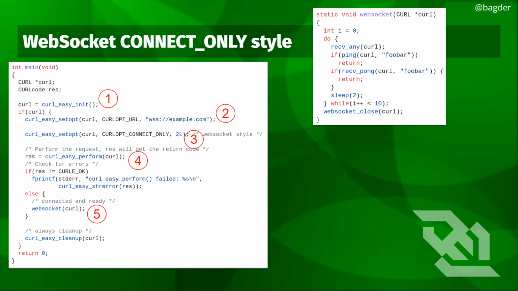So in this case, it just calls the function called recv_any at the top. It sends a ping and it tries to receive a pong, and then it sleeps for 2 seconds and then does it all again. And then when it has done that 10 laps, it calls the function websocket_close and it returns, right?